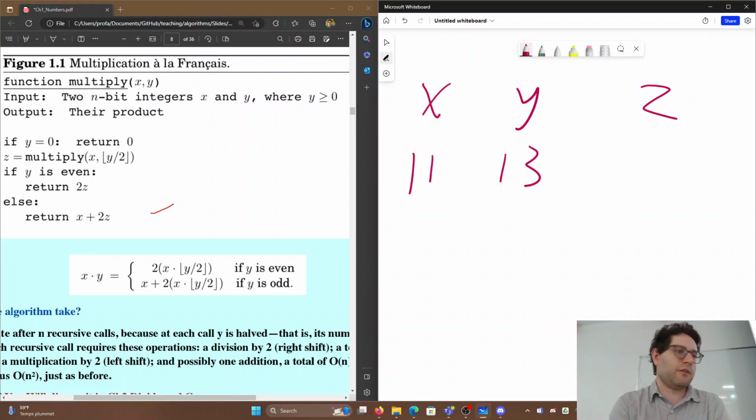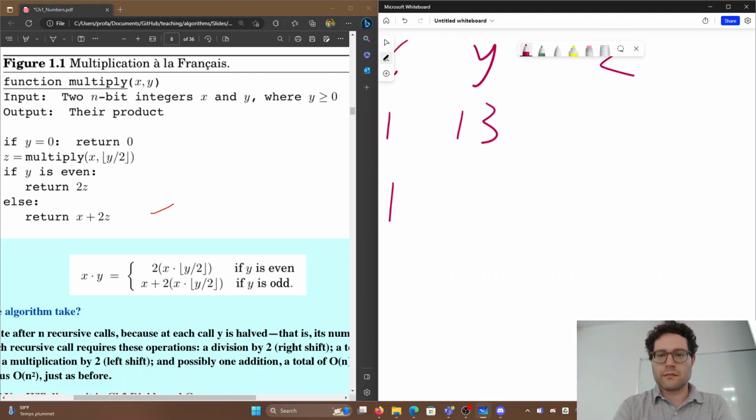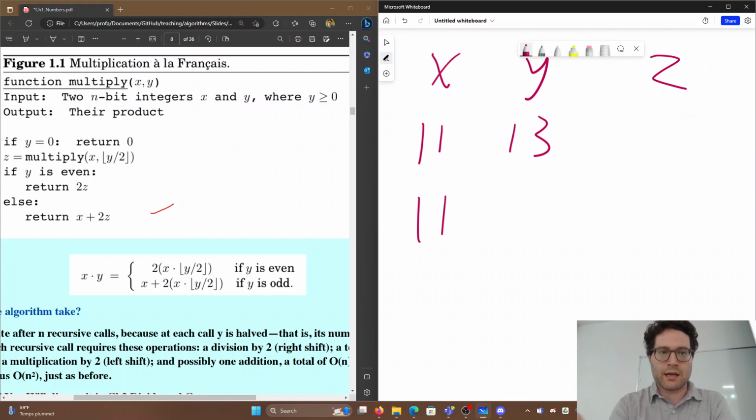y is not equal to 0. So now we say z is equal to what we get back after we do a recursive call to x and the floor of y divided by 2. So we're doing the integer division, essentially, of y divided by 2. Make sense? So here it would be 11 and y divided by 2, that would be 6.